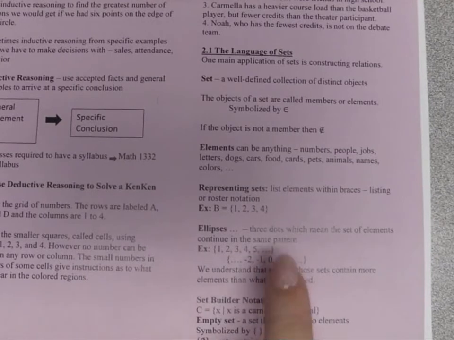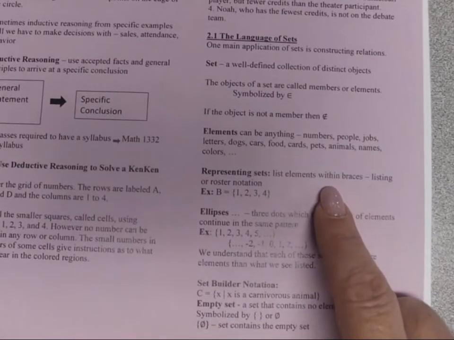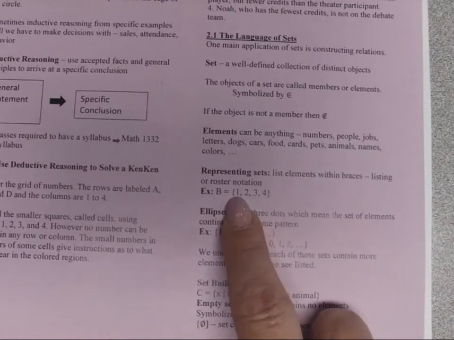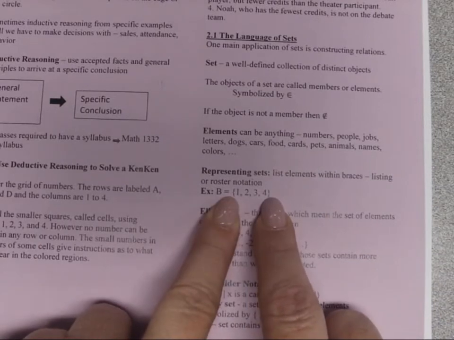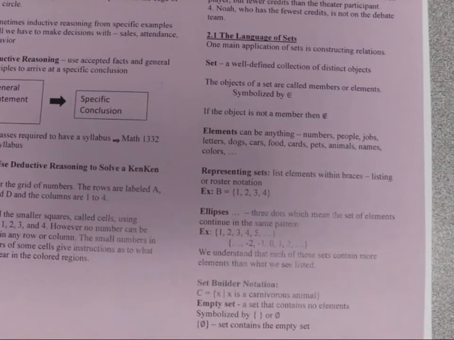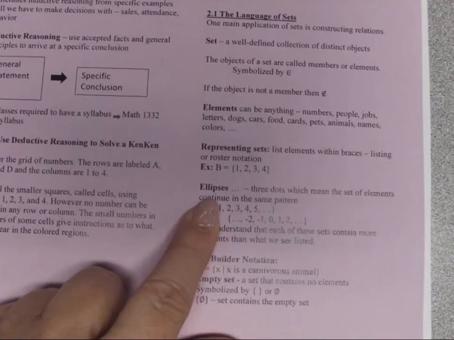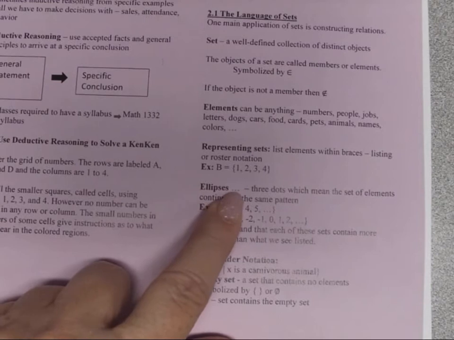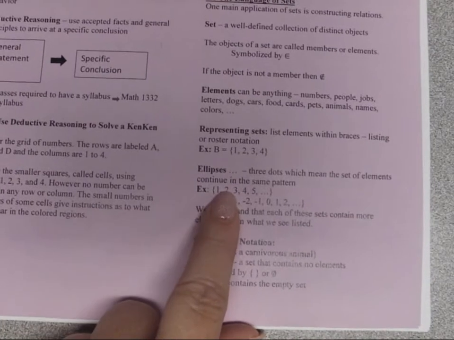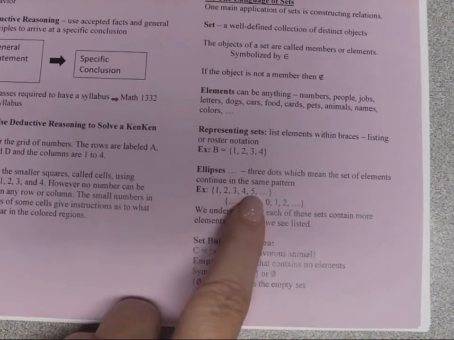To represent a set, you can list the elements within braces. This would be listing or roster notation, where it's in between the curly brackets. So {1, 2, 3, 4} would be set B. The ellipsis, which is the three dots, means that the set of elements continues in the same pattern. So you could have 1, 2, 3, 4, 5, dot, dot, dot.